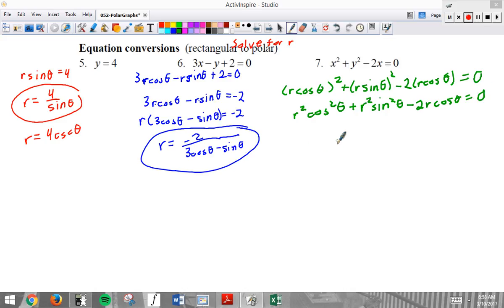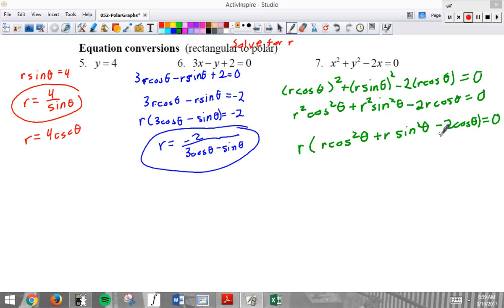Okay. Let's just say, what do I want to do? Let's say I worked it out in R. I have R cosine squared theta plus R sine squared theta minus 2 cosine theta equals 0.